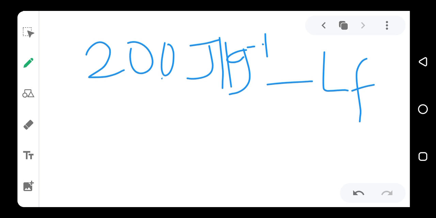it means is that the amount of heat that is needed to convert the substance from solid to liquid, because we are talking about fusion. Fusion means melting.